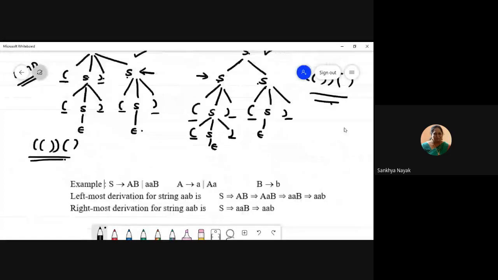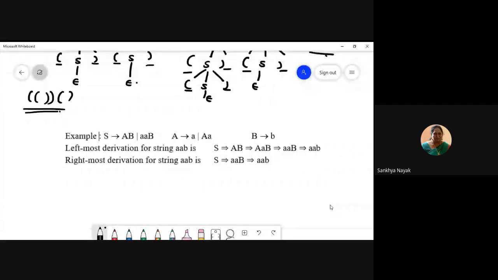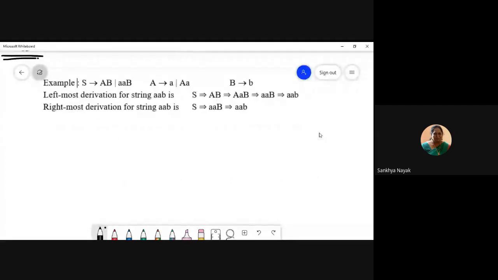All right. You can see one more example here. In the above example, two leftmost derivations. Here, I have a leftmost derivation and a rightmost derivation. So if I am taking the first one, S derives AB, correct?